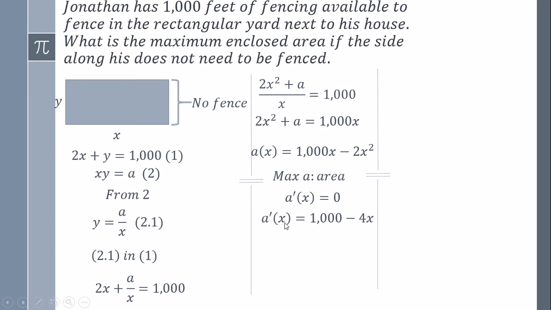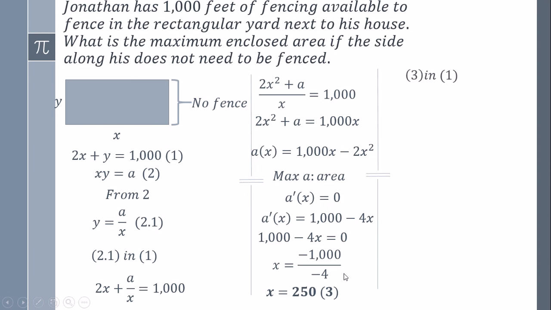So here the first derivative: the derivative of 1000x is 1000. The derivative of the other term is 4x. I'm going to make it equal to 0. I'm going to pass 1000 to minus 1000, and divide by minus 4. The minus with minus cancel out, and I have the solution for x, which is 250.